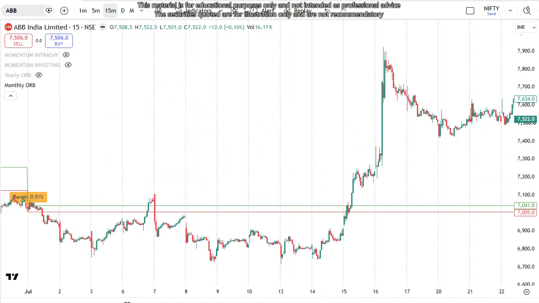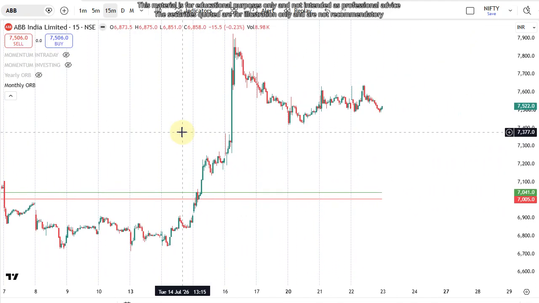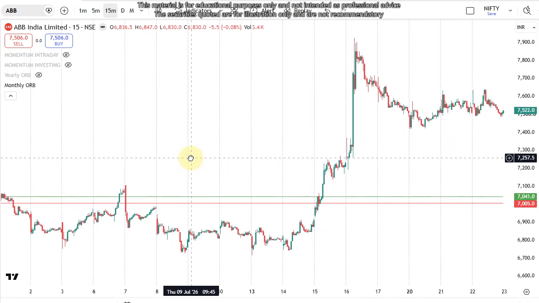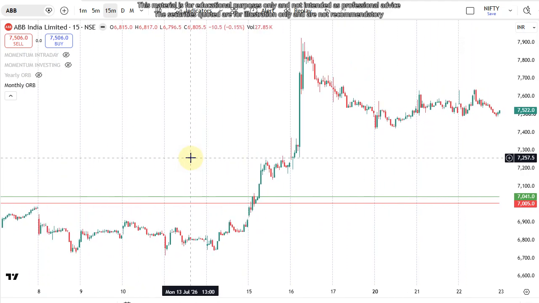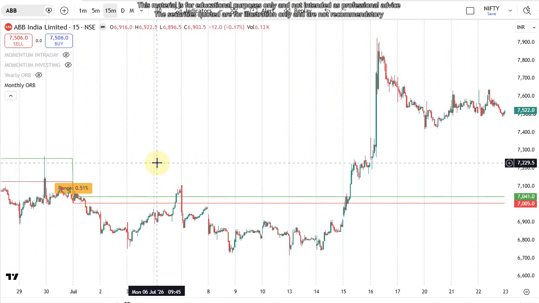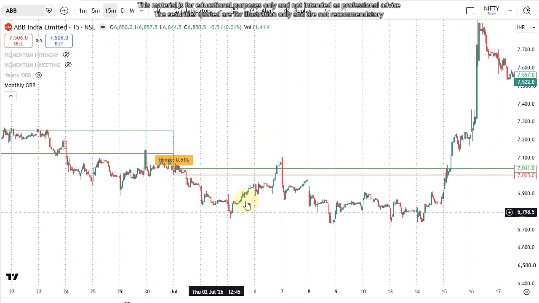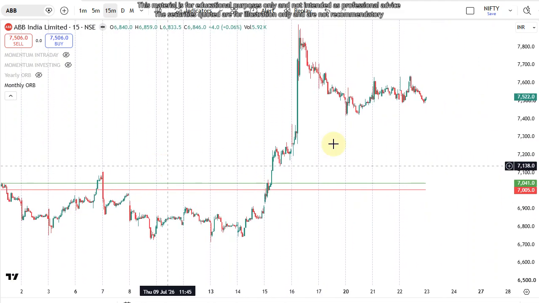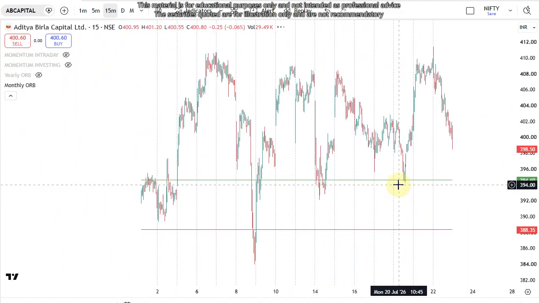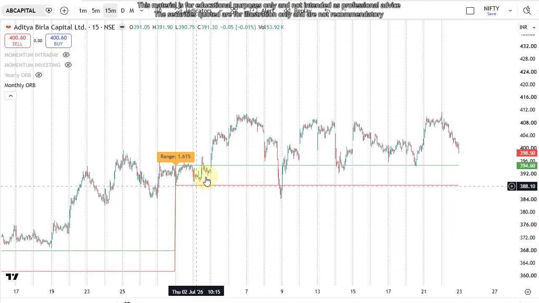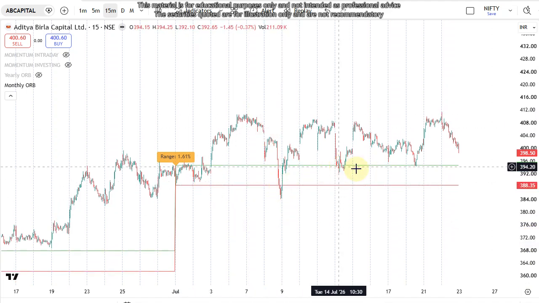So rather than other price action like order block, SMC, Fibonacci and all other techniques, simply these ORB levels are respected. See here, sell and then rejection is respecting here. See here, buy, first support, second support, third support.